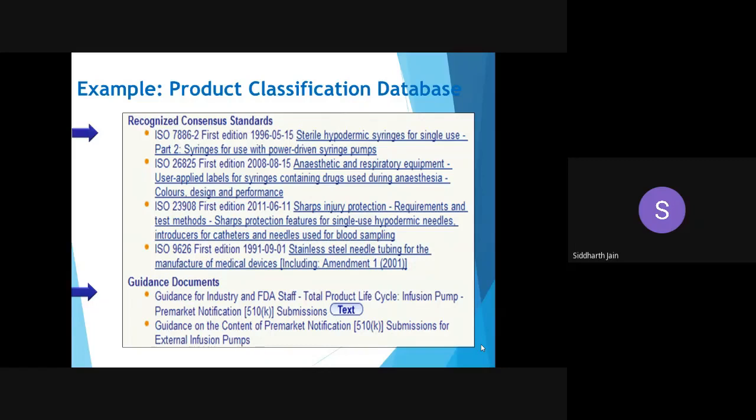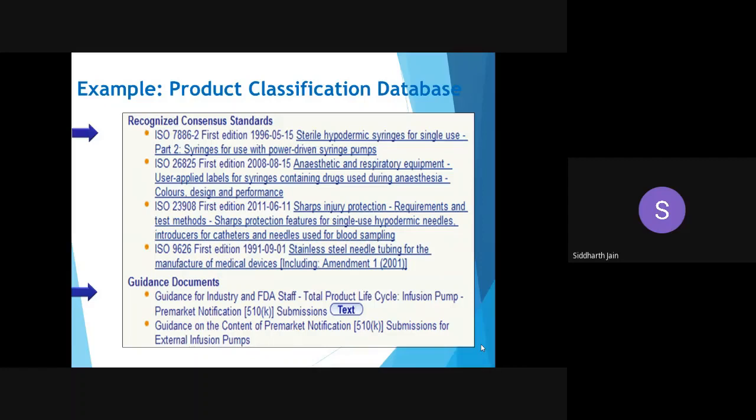Further, below you can see the guidance document: guidance for industry and FDA staff, total product life cycle infusion pump pre-market notification submission requirements. Here the US FDA has already released a guidance document to prepare 510K applications for the infusion pump.